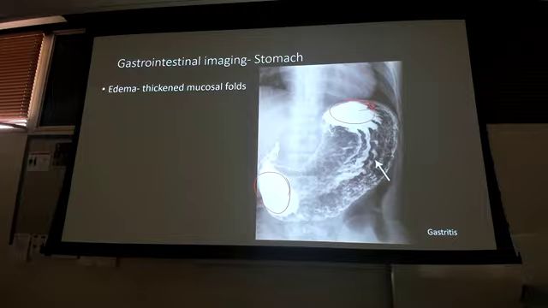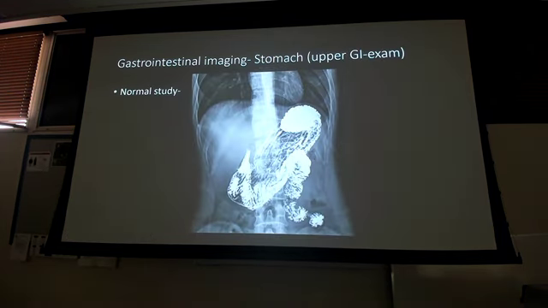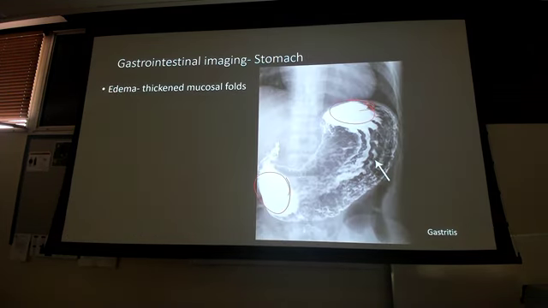But when I'm looking at my rugae, look at how much thicker they are. I have thicker rugae all sitting around in here compared to nice, thin, uniform ones. So I have these thickened mucosal folds, showing edema or inflammation from this patient who has gastritis.